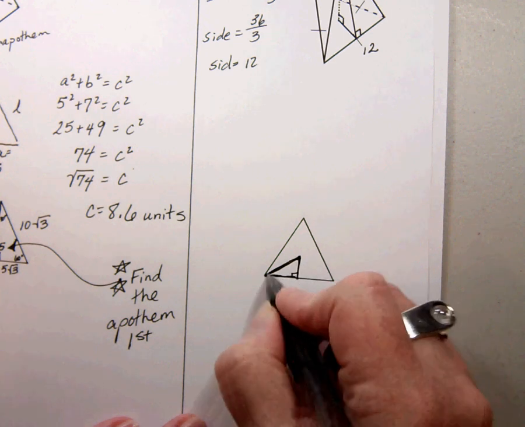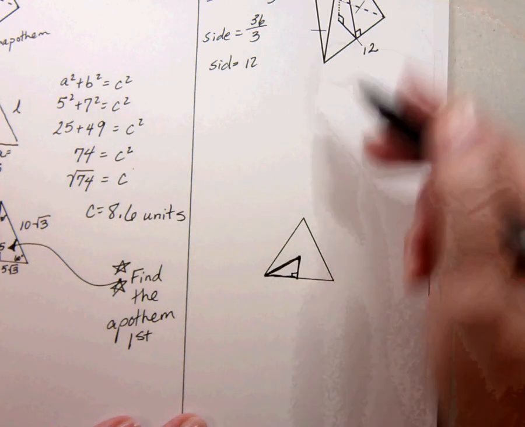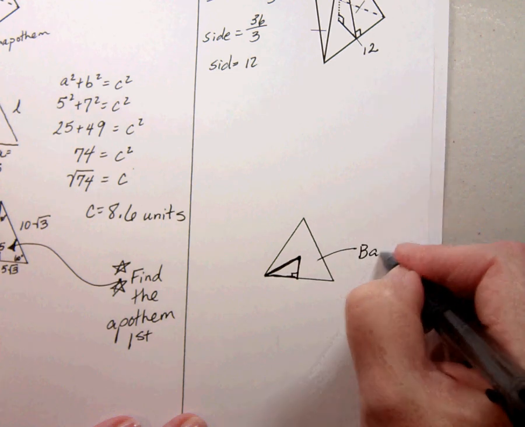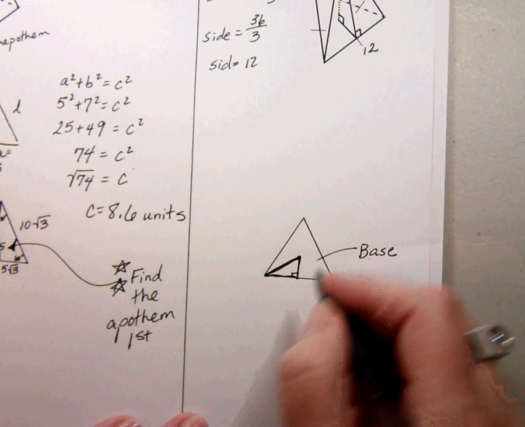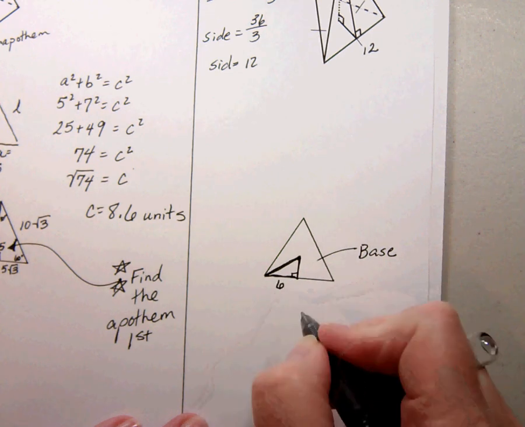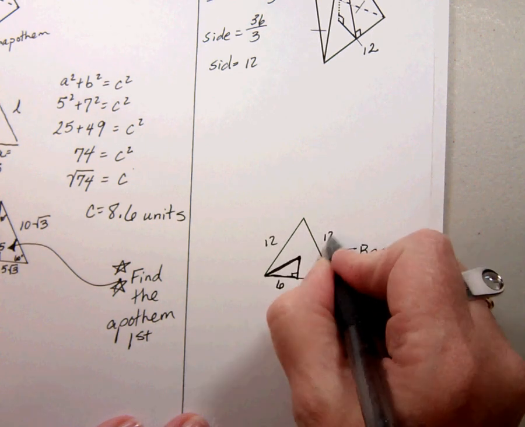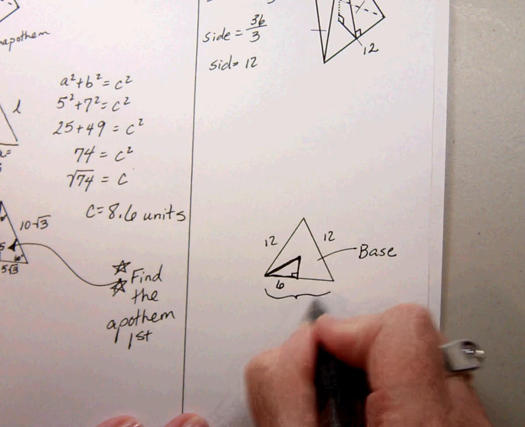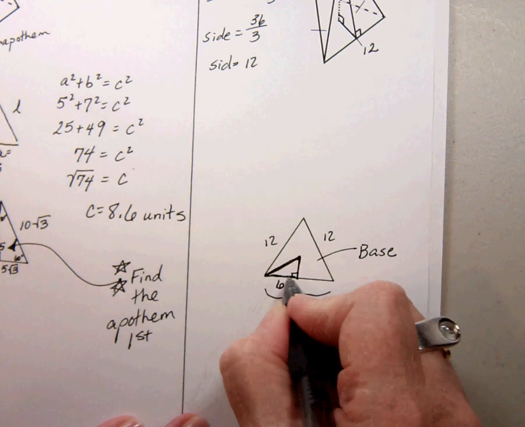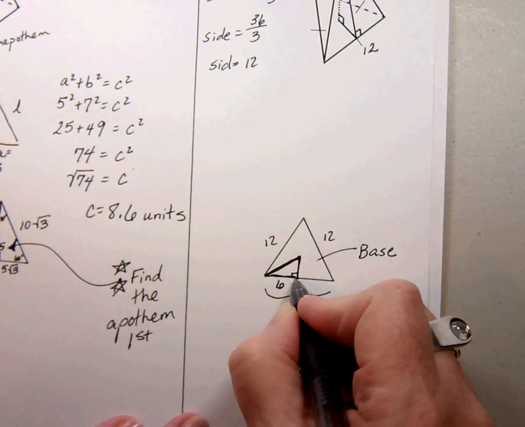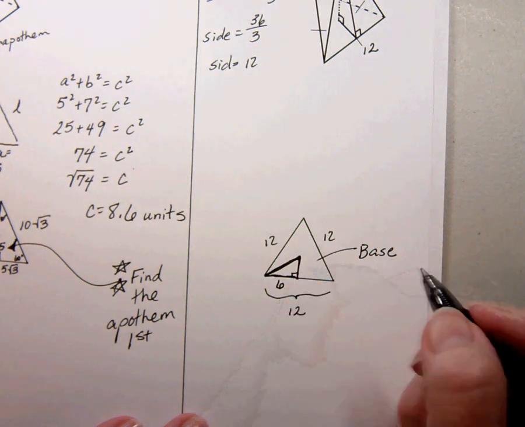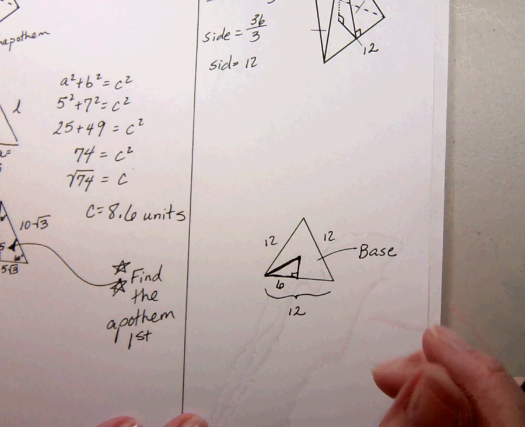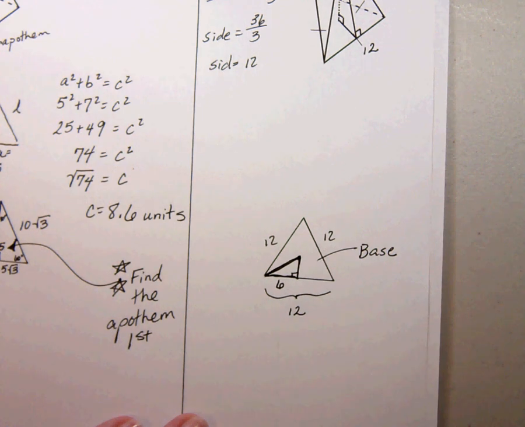30, 60, 90 is our, if you think of this, this right here is my base. And each side length is 12, so that makes this piece right here 6, if these are all 12s. Remember, all the way across is 12. So that little piece is 6. Now if you take 6 and you divide it by the square root of 3, we could rationalize the denominator, but I think I'm going to make this a little simpler, and we're just going to use the decimal.